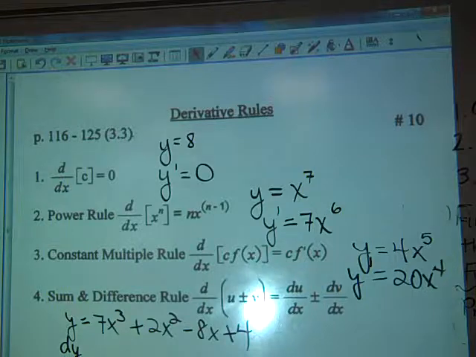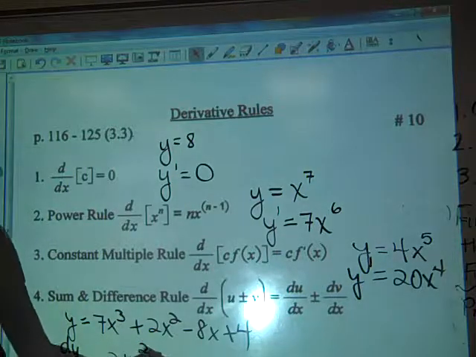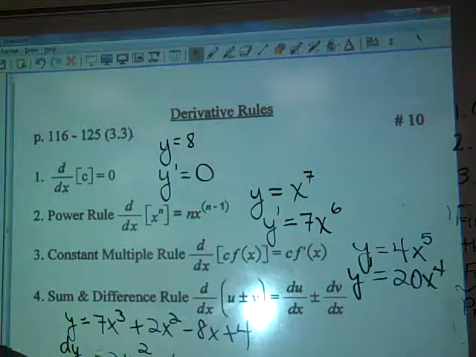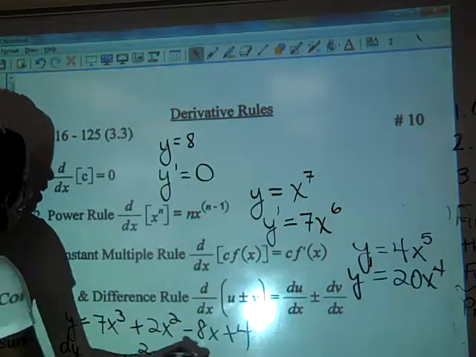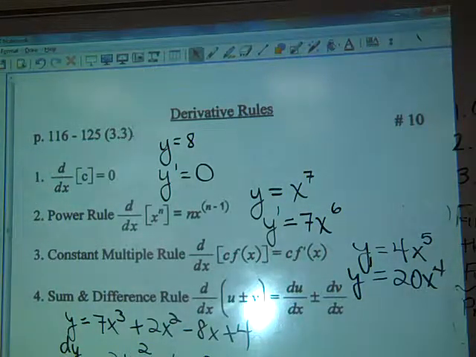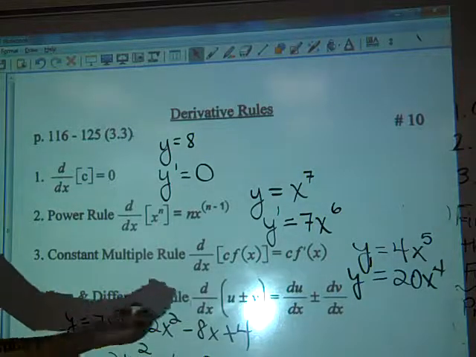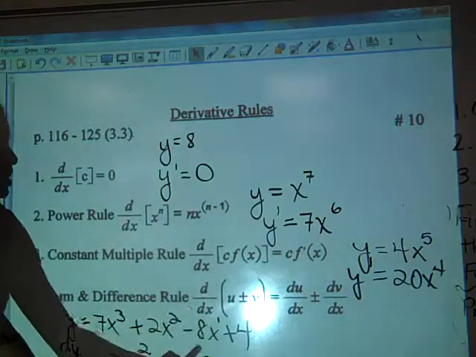I'm going to say dy dx, which means the derivative of y with respect to x, all the same. I'm just using different notation, right? What is this derivative? 21x squared plus 4x minus 8. There's a 1 understood to be here. 1 times 8 is 8.